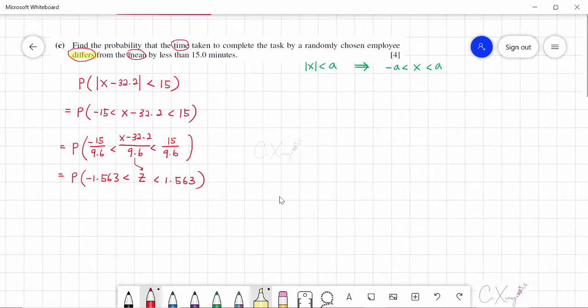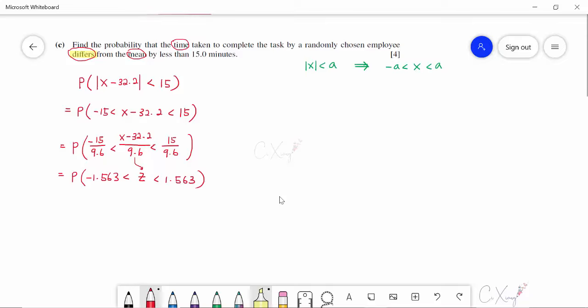Okay, all right, then now what is the next step? For the next step, you actually want to find out the probability that is between negative 1.563 and also 1.563.